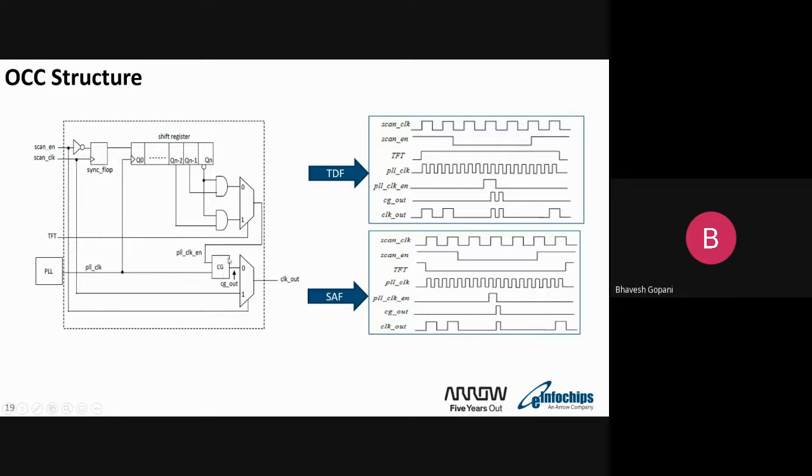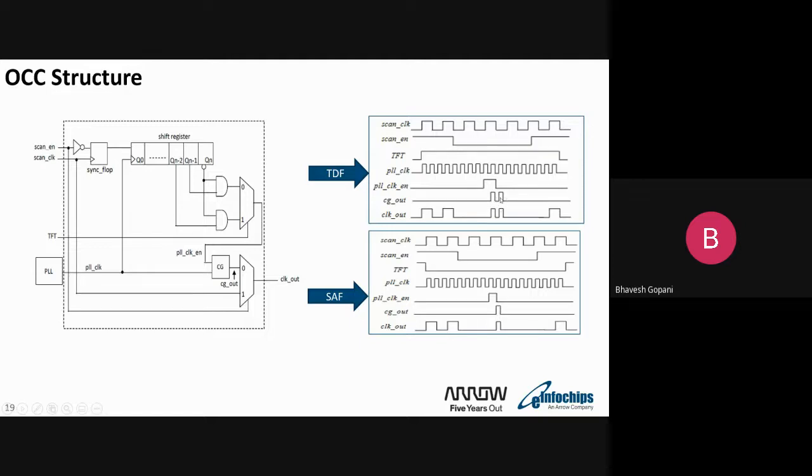The clock gater cell is a kind of enable. In the clock gater there is one latch and an AND gate, with an OR gate at the output. This is one clock gater cell, and based on the enable, it will enable the CG out here, as you can see.